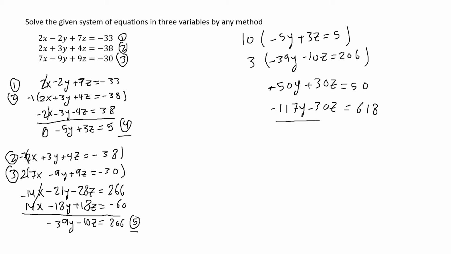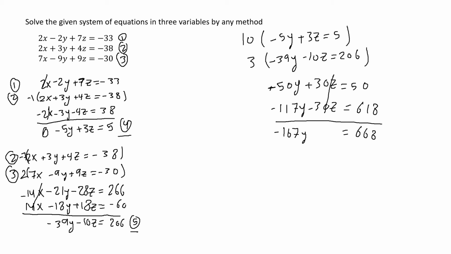And we're going to add these two equations. Negative 50y minus 117y results in negative 167y, and then z and z cancel. 50 plus 618 equals 668.